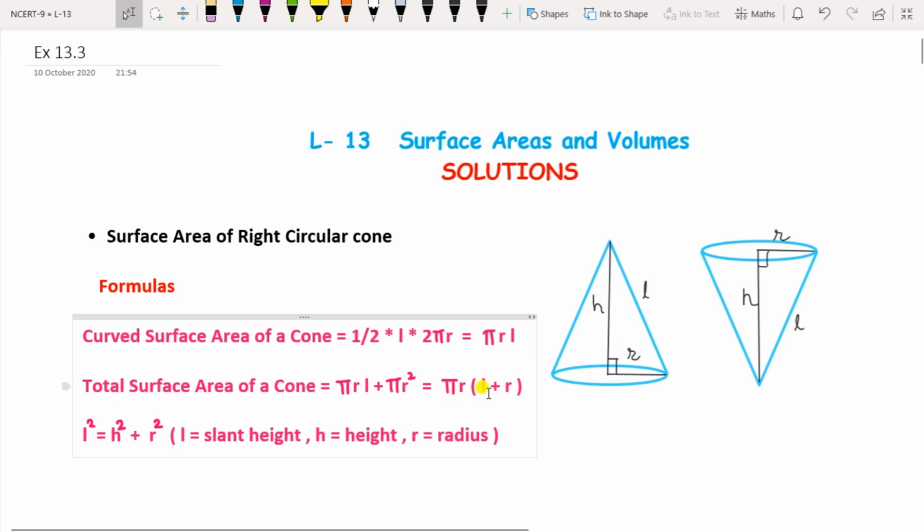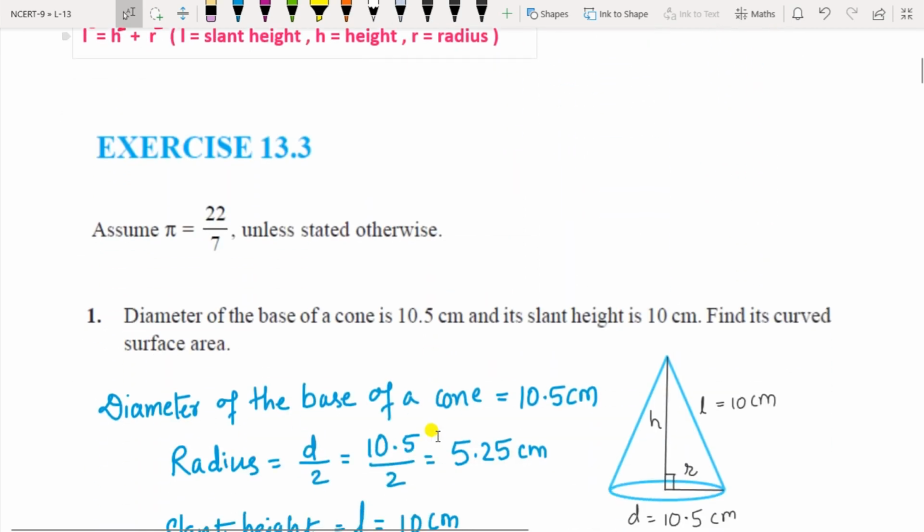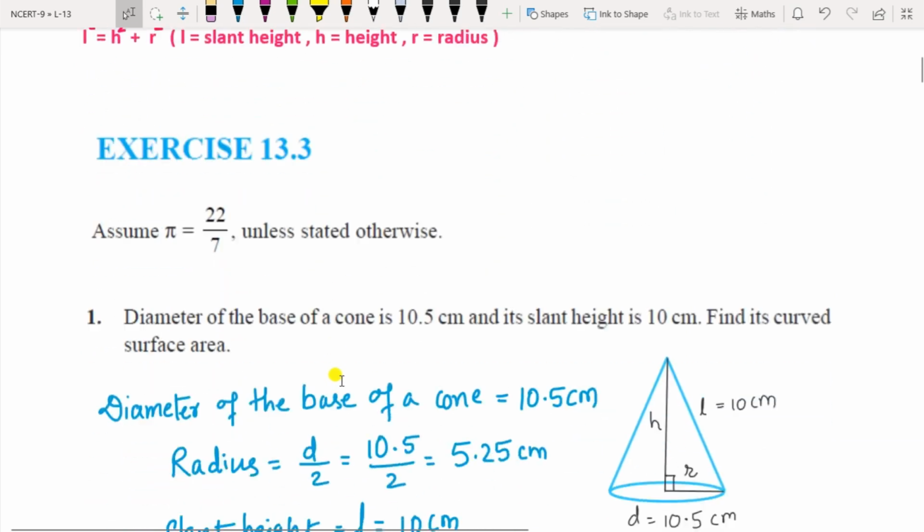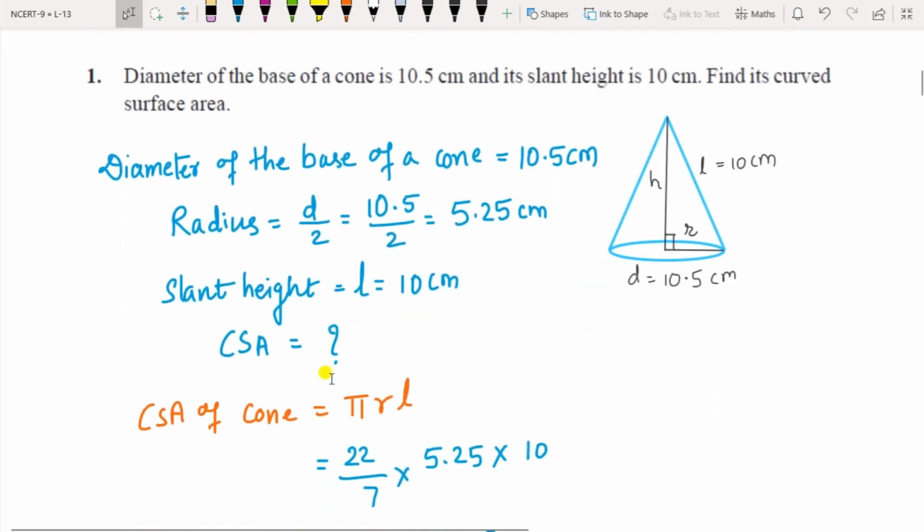So in both formulas, for the curved surface area as well as the total surface area, you need L and R. These were the two formulas for solving exercise 13.3. Let us start with the exercise. Here also you have to use the value of pi as 22 by 7 unless it has been given in the question to use 3.14.